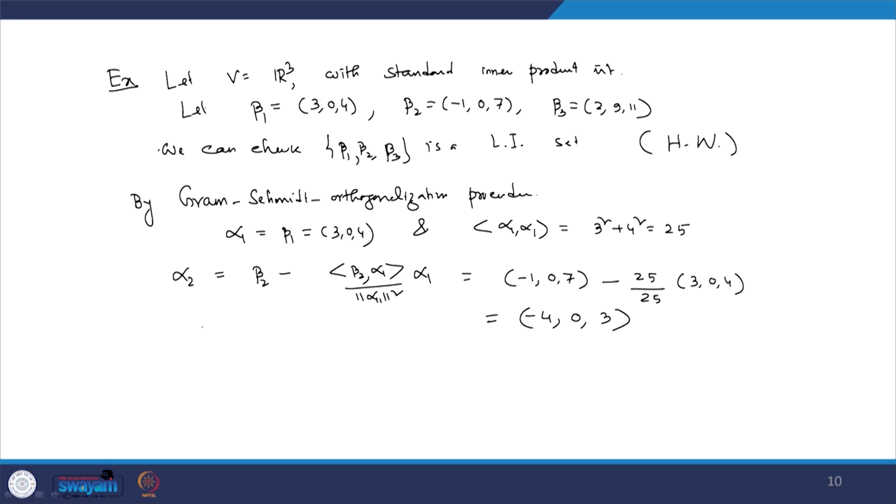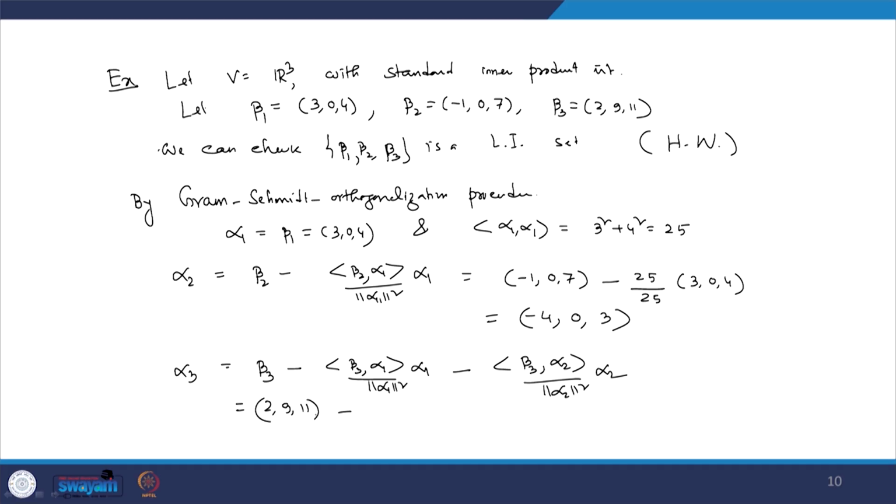So, I see that alpha 2 is like this, where alpha 3 will be beta 3 minus inner product of beta 3 and alpha 1 by norm of alpha 1 square and alpha 1 minus inner product of beta 3 and alpha 2 by norm of alpha 2 square and alpha 2. So, this will be equal to beta 3, which is 2, 9, 11, minus inner product of beta 3 and alpha 1.